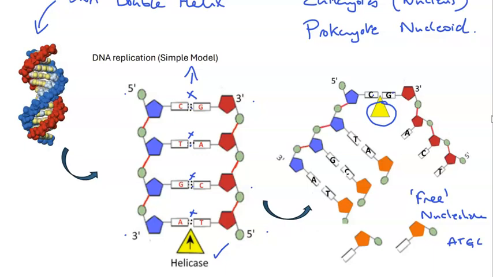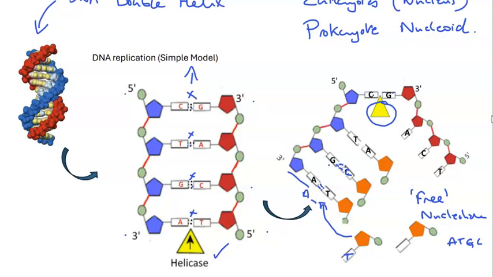So as you can see, on this side we had adenine, and a free nucleotide of the type thymine will come in here and hydrogen bond, complementary base pairing A to T. At the next nucleotide, which is G on this side, that will attract a cytosine nucleotide, and they also will hydrogen bond.